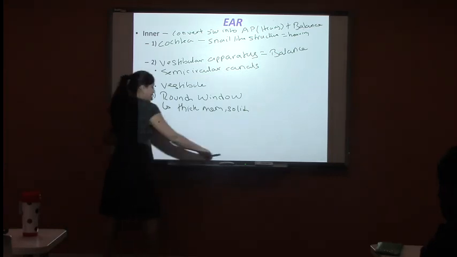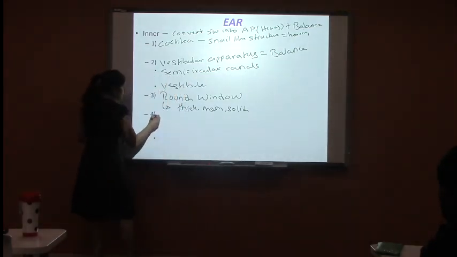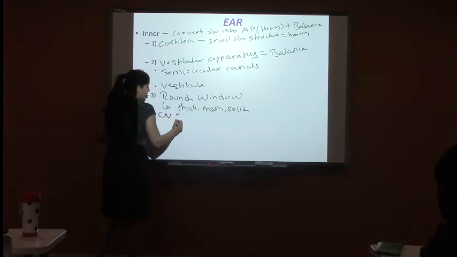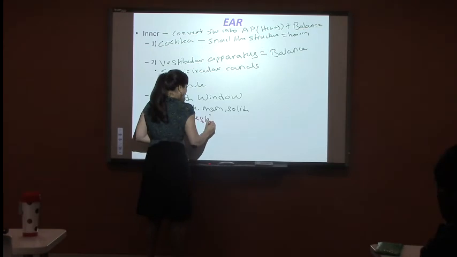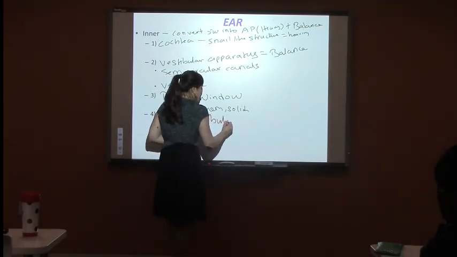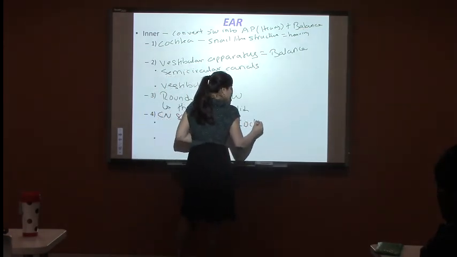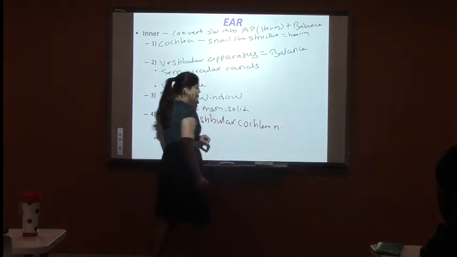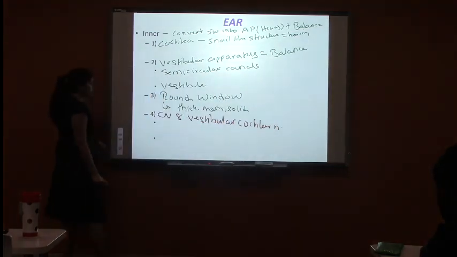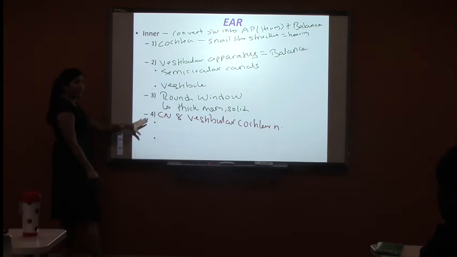Another structure we have is cranial nerve 8, which is what? The vestibulocochlear nerve. Okay? Now, cranial nerve 8 has two segments.